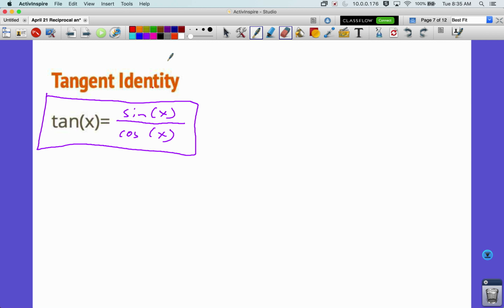Now I will prove that this is true real quick by using SOHCAHTOA. Let me replace each of these with the ratio that they represent in a right triangle. Tangent is opposite over adjacent. Sine is opposite over hypotenuse. Cosine is adjacent over hypotenuse. Well, on this side now, I've got a fraction divided by a fraction, so I can copy dot flop that.